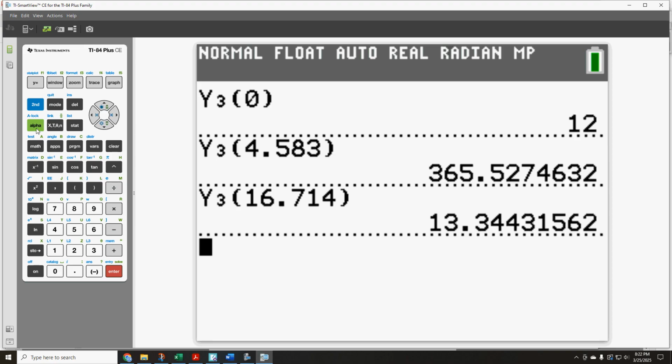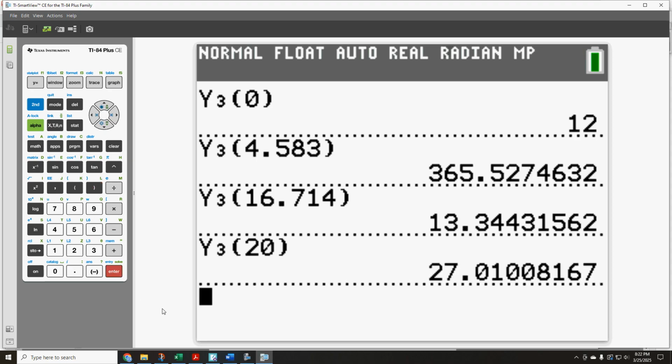Then alpha f4 y3, and I've got to do the other endpoint, which is 20, and I get 27. So clearly at 4.583 minutes, the distance between them is the furthest. It's 365 plus meters.